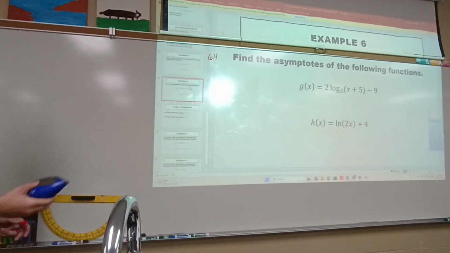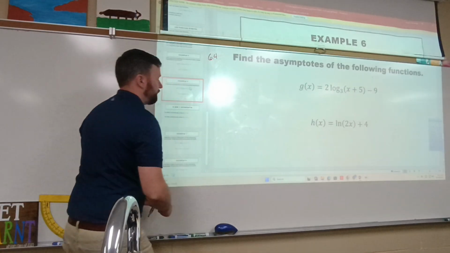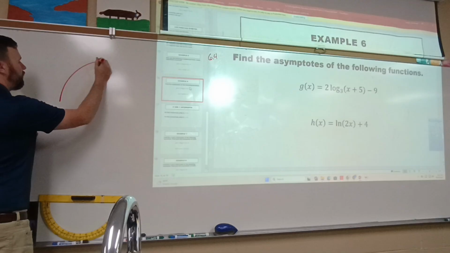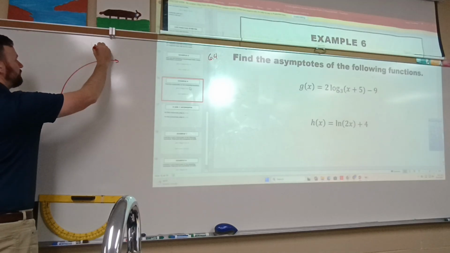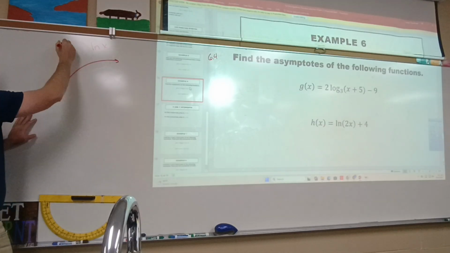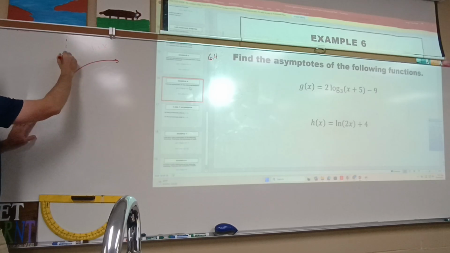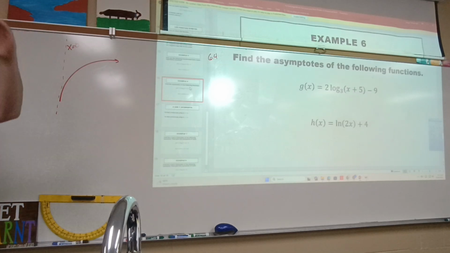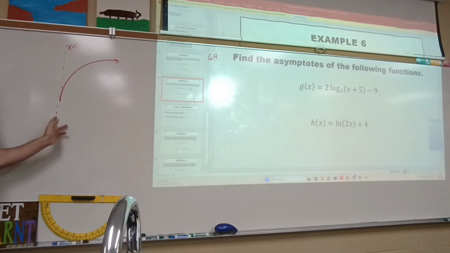All right, same functions. Let's find the asymptotes. So I'm going to reference this piece over here. Our normal function of all my logs, natural or unnatural, looks like this, and it has an asymptote at x equals 0, right? That's the only asymptote. Now here's my question. If I move the graph up or down, am I changing that dotted line?